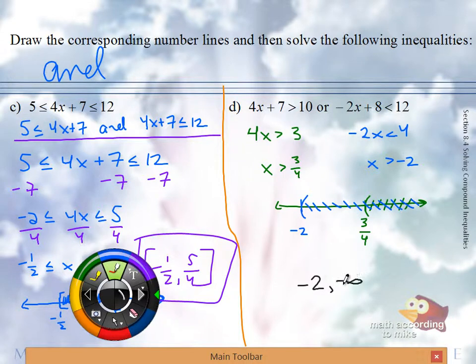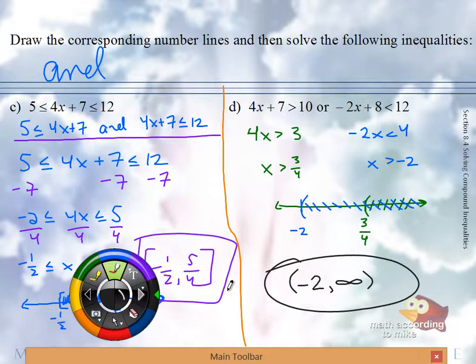So or says take whatever is shaded. So that 3/4 just drops out because it's sucked inside of the negative 2 to infinity. We don't have to do anything. We don't have to tell the viewer anything special about that.